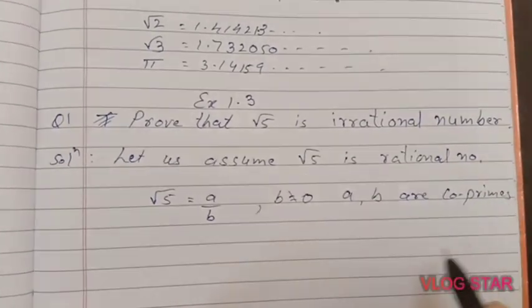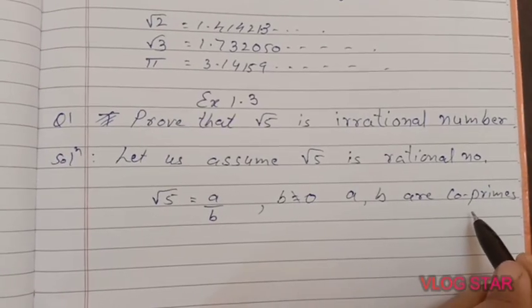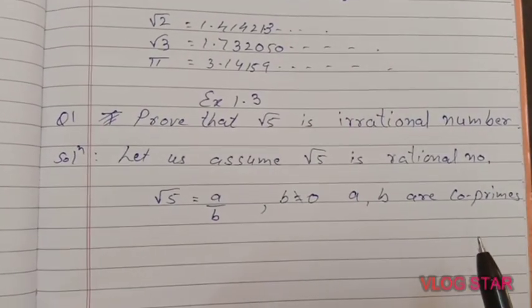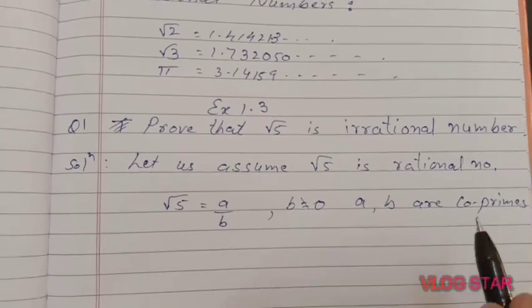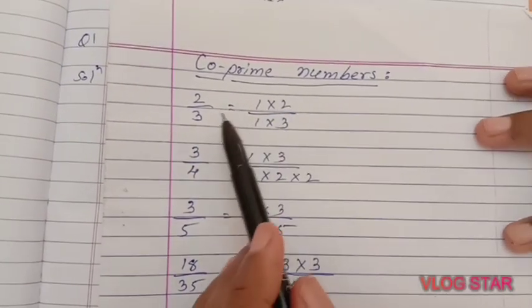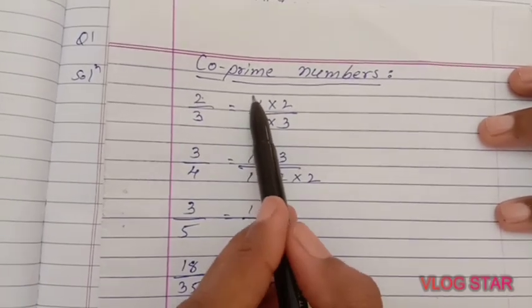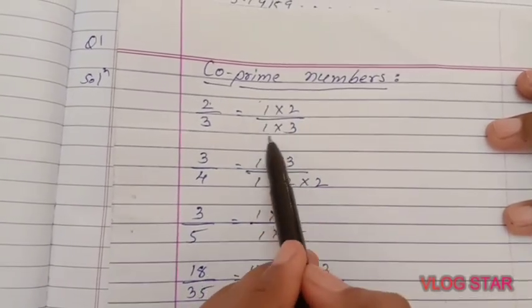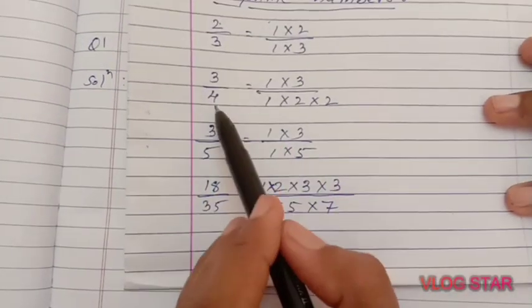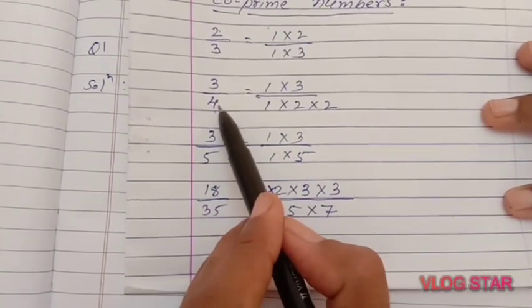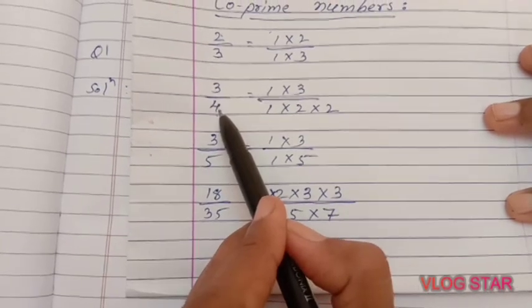Now the question is, what do you mean by co-primes? So let us try to understand co-primes. Co-prime numbers means that numbers, for example, 2 by 3. So what is common factor for 2 and 3? Only 1. 3 by 4. See, 4 is not a prime number.